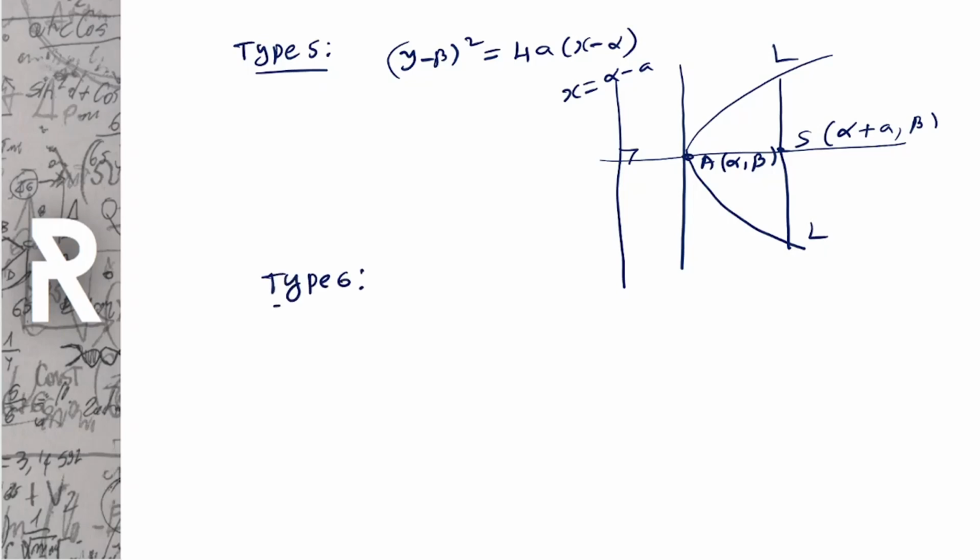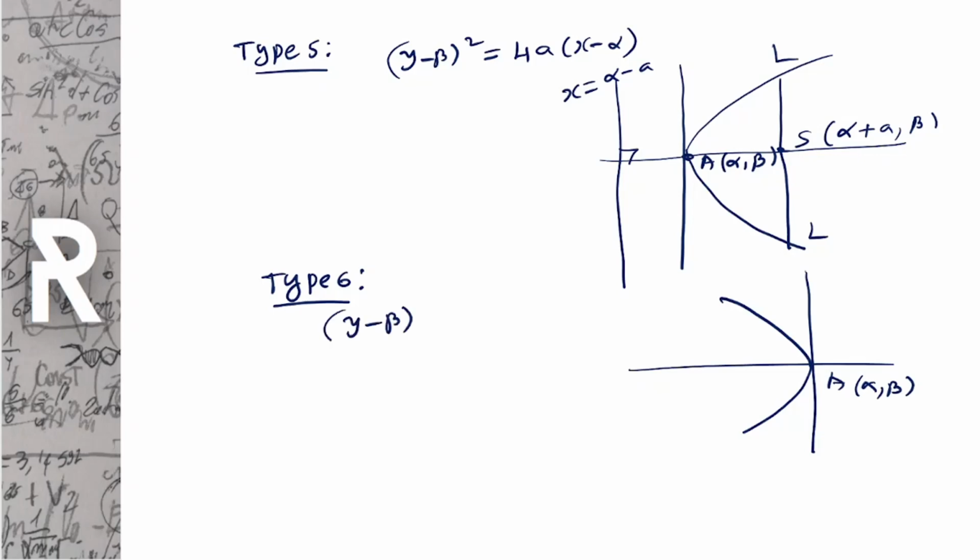Type 6, vertex shifted to (alpha, beta), then its equation, an extension of the second type: (y minus beta) whole square equal to minus 4a into (x minus alpha).